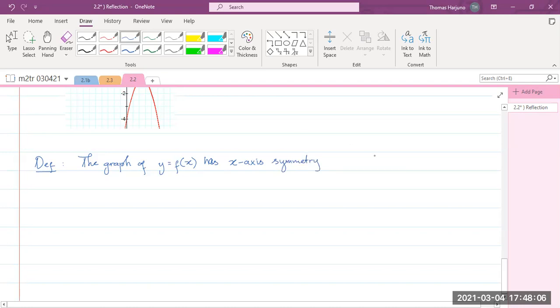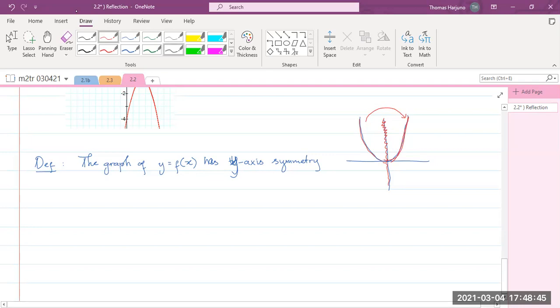You say that it has symmetry if, for example, the graph of x squared. The graph of x squared has, I'm sorry, this is y-axis symmetry. The graph of x squared, y equals to x squared, has y-axis symmetry if you fold it along y-axis. If you fold it along y-axis, then the graph on the left-hand side will match the one on the right-hand side.